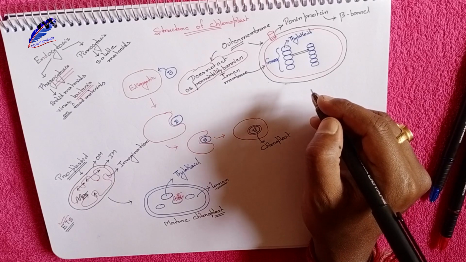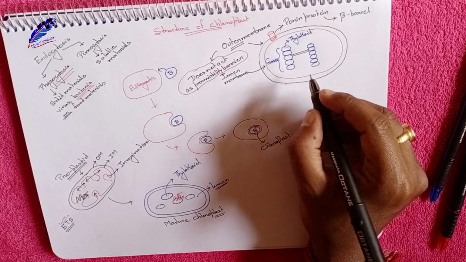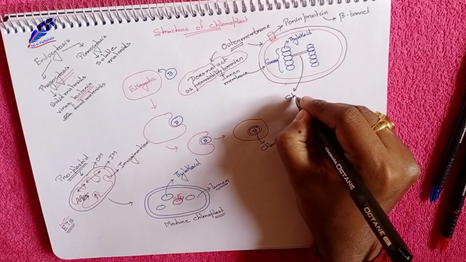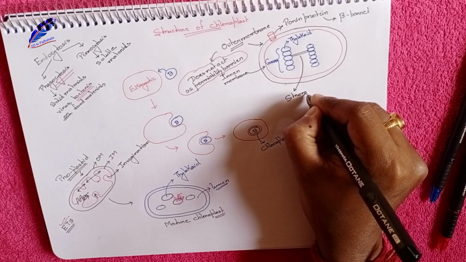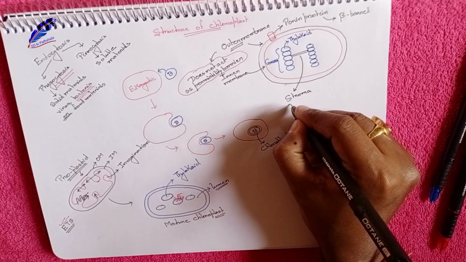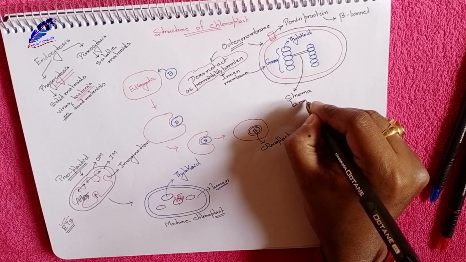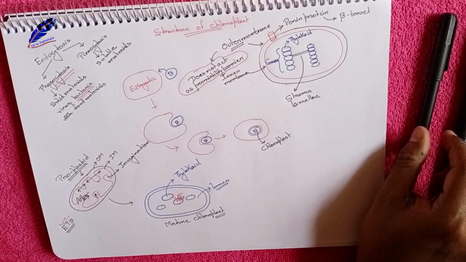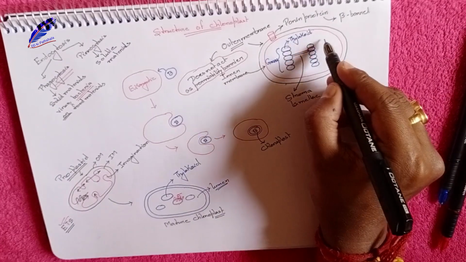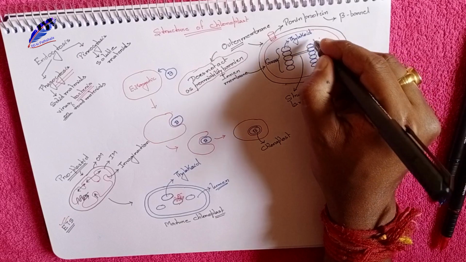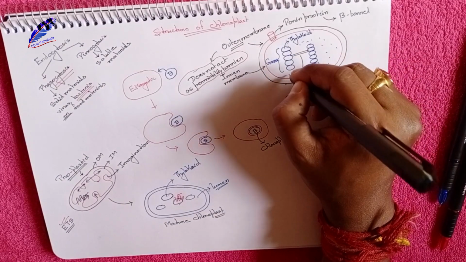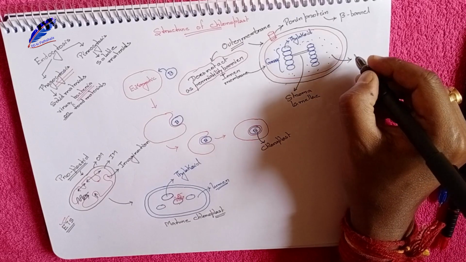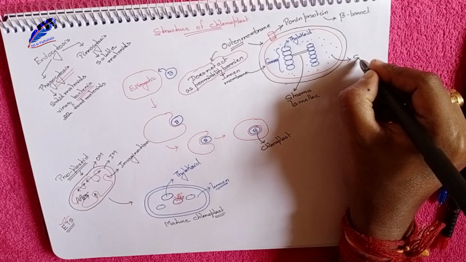This connected structure is termed stroma lamellae. And the remaining lumen is called the stroma.